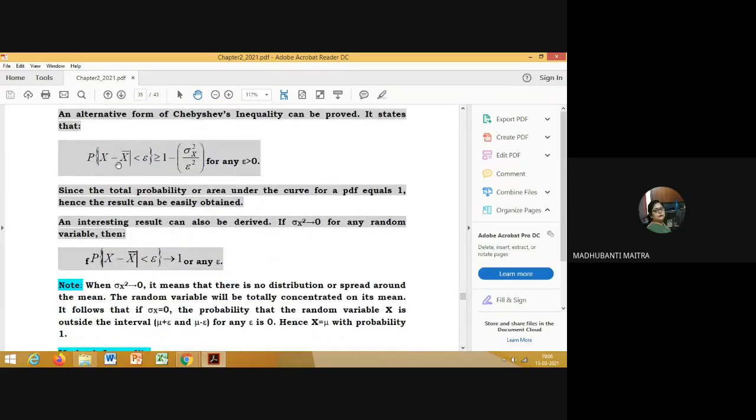So that's why now this sign will change. So the probability that mod x minus x bar is less than epsilon will be greater than or equal to 1 minus sigma x square by epsilon square, since the total probability or area under the curve for a PDF equals 1.